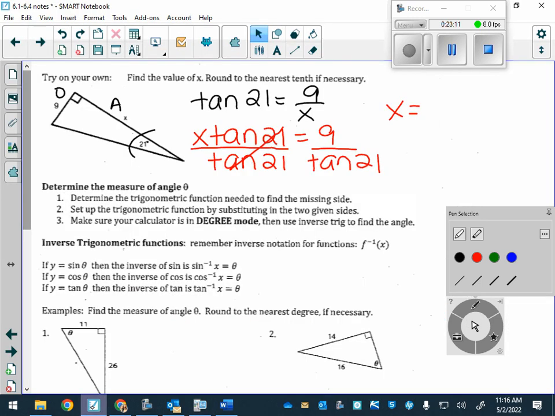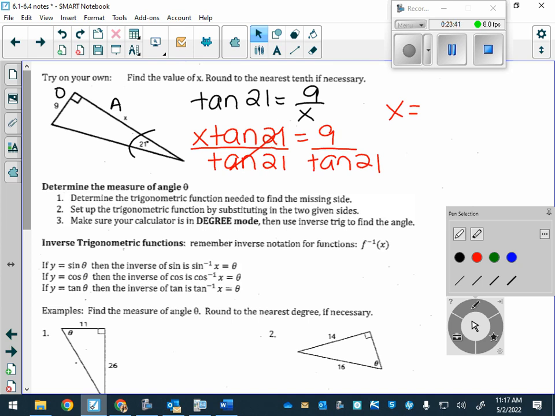Go to the mode key, scroll down to the third one where it says radian or degree, press the right arrow to degree, hit enter, and then you're in degrees. When you are finding a missing side length but given an angle, you use regular sine, cosine, and tangent. Are we all good? We all remember a little bit about that?